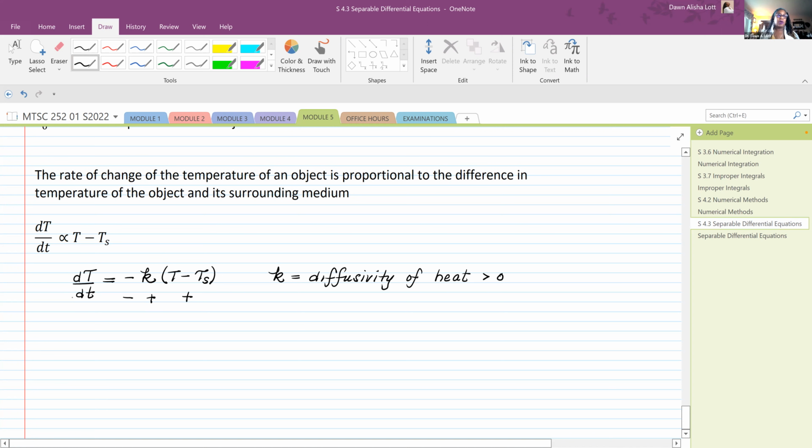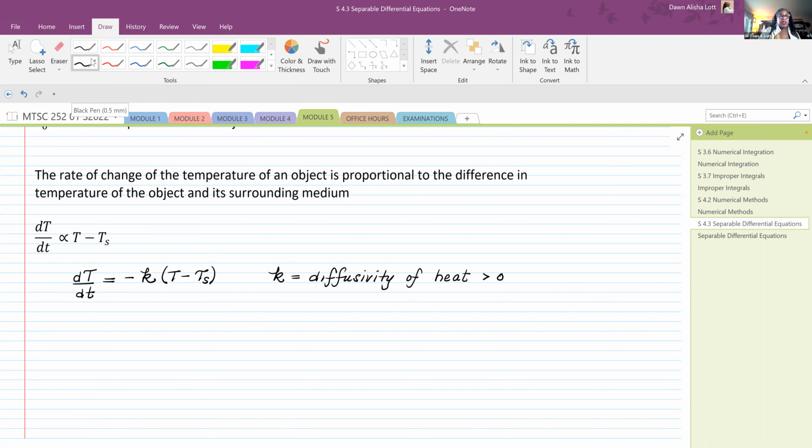In other words, it starts to lose heat. Okay. If the temperature of the surrounding medium is greater, so my temperature is less than outside, then K is still positive, and this is negative, which means my temperature is going to start to increase. Okay, so this is the right formula for us.